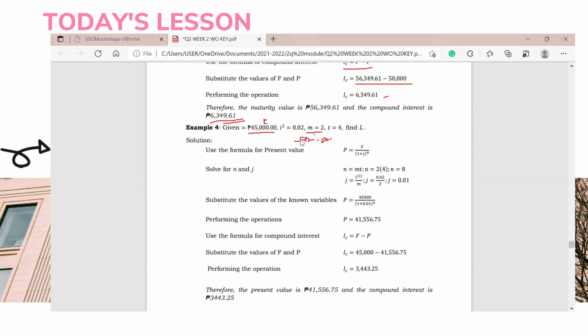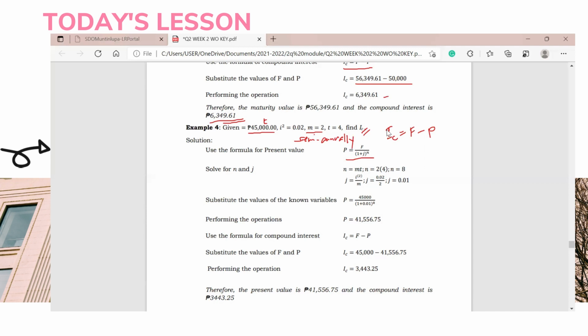And T is 4. Find the compound interest. Bago natin makuha ang compound interest, since alam natin na compound interest is future value minus principal amount, e di, hanapin muna natin ang principal amount or present value.